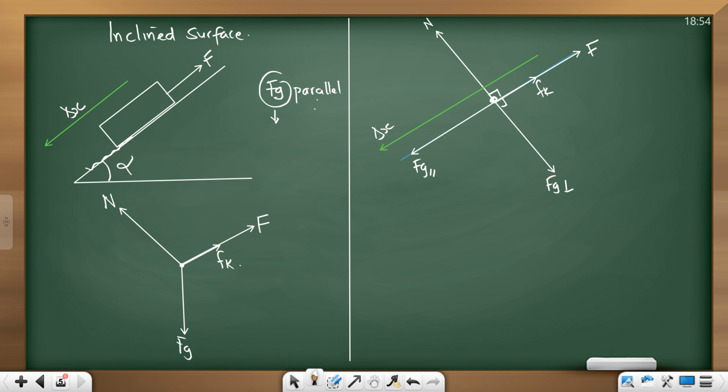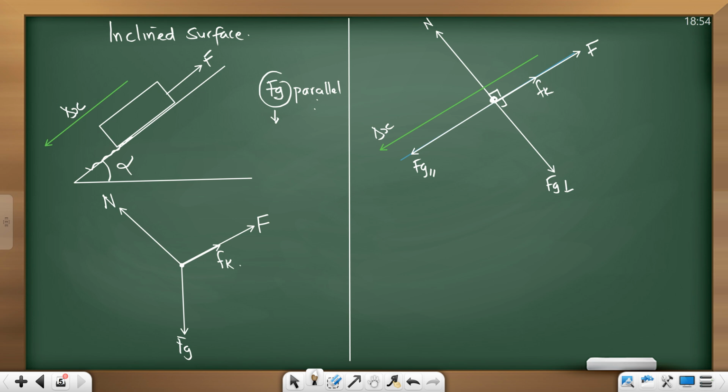Those things depend on the size of the object and the angle at which the object is raised. We're not looking at which one is bigger or smaller at the moment, we're just looking at the direction because those things can change. I'll have certain cases where FG parallel is bigger than normal, and certain cases where normal is bigger than FG. It depends on the weight of the object and the angle. But right now we are looking at the definition of the forces and putting it accordingly.